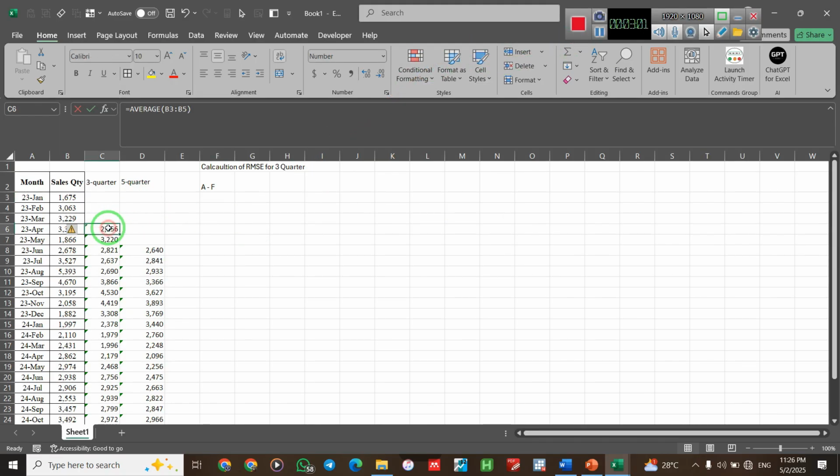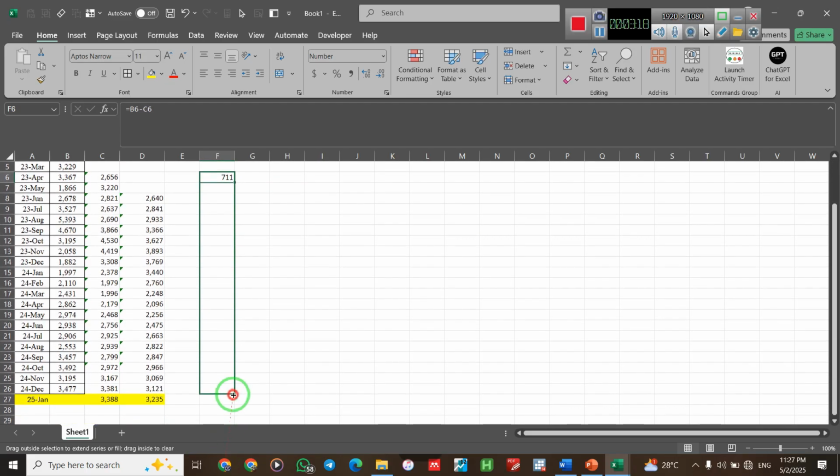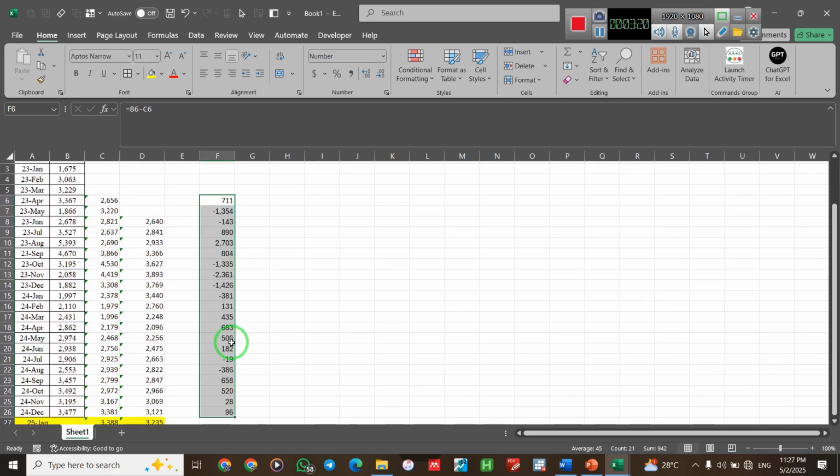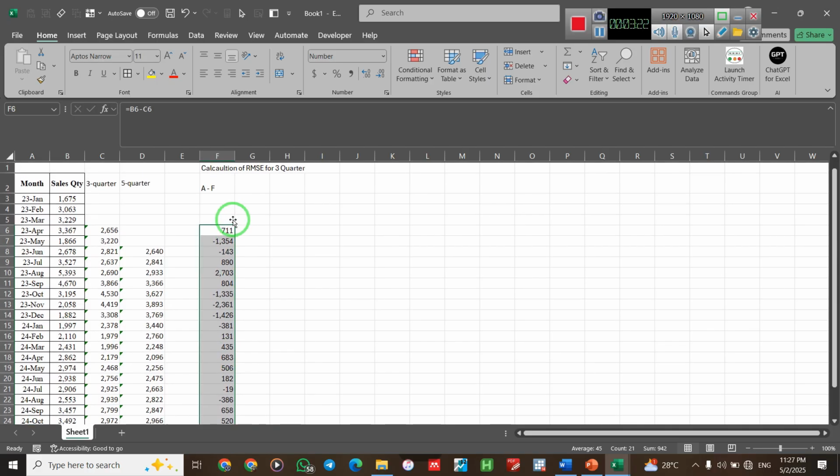In here this is your forecasted value using the 3-quarter method and this is your actual sale. So you have to put actual minus forecasted value, then you can double click here, or if it does not work you can drag it down till the end. So this is your actual figure minus the forecasted value.